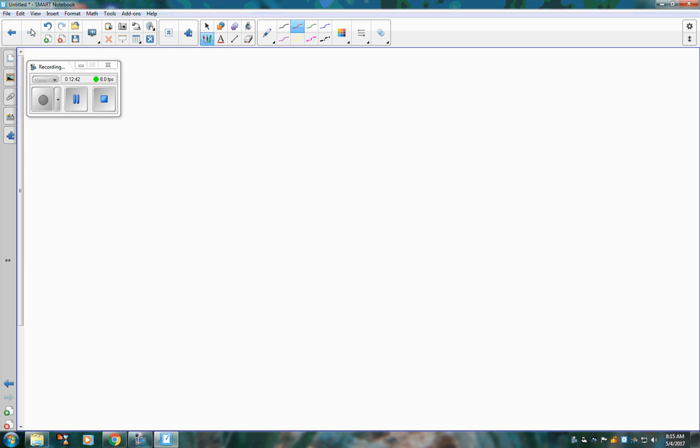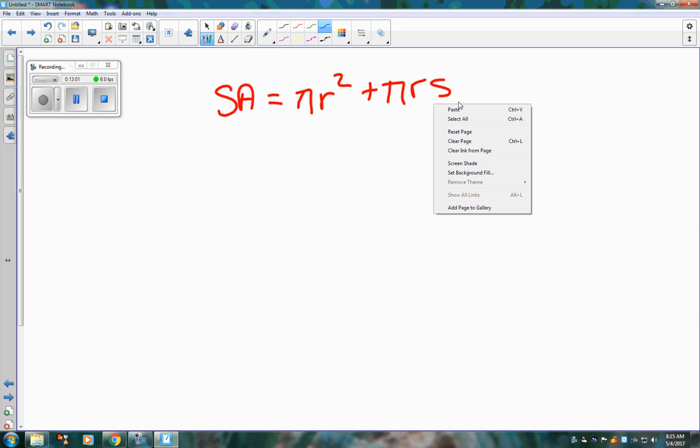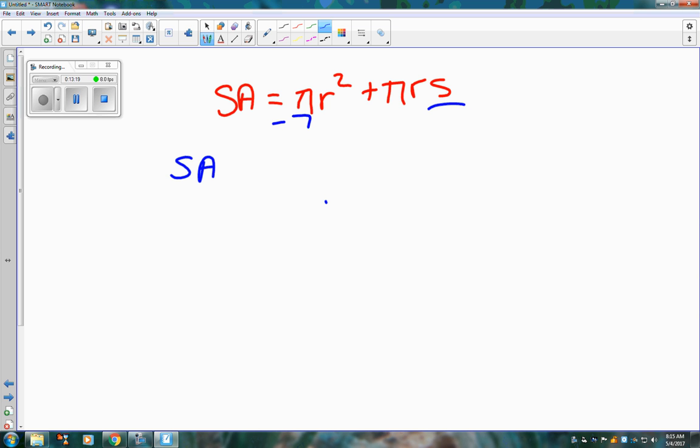So I'm given the surface area is equal to pi r squared plus pi r s, and we're solving for S. First thing I'm going to do, subtract pi r squared from both sides.